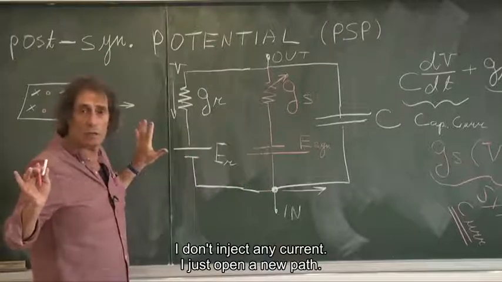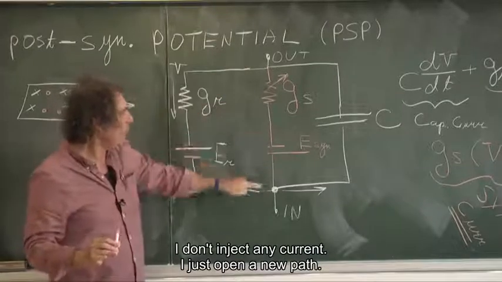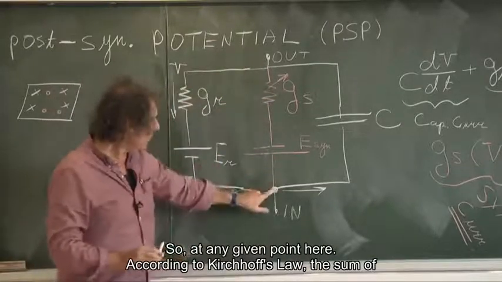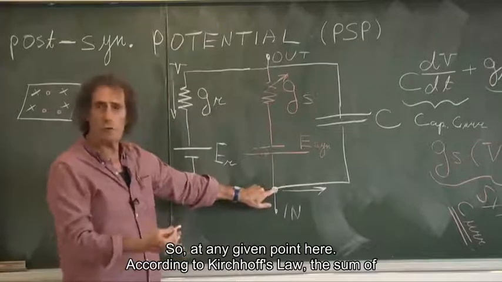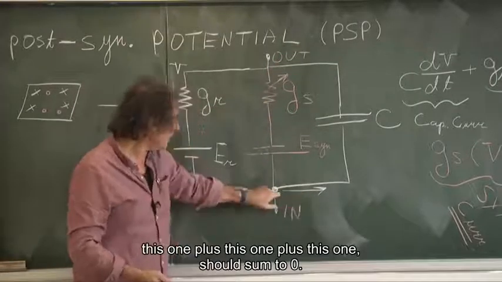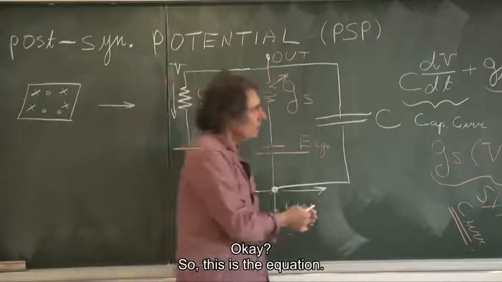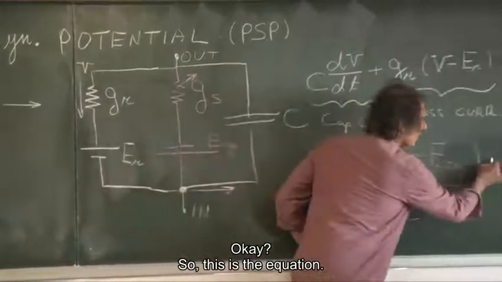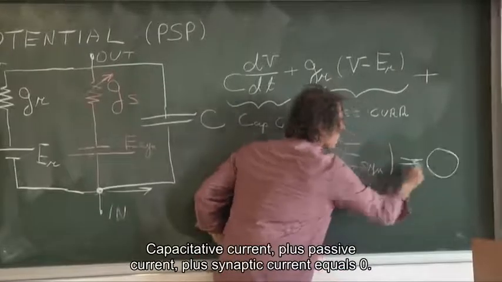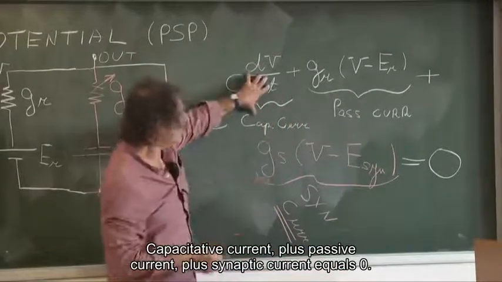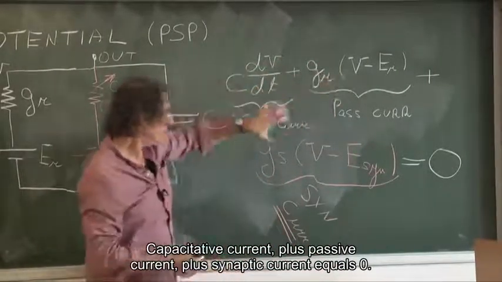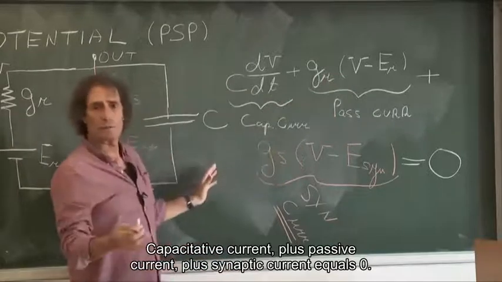I don't inject any current. I just open a new path. So at any given point here, according to Kirchhoff's law, the sum of these currents should sum to zero. Okay? So this is the equation. Capacitive current plus passive current plus synaptic current equals zero.